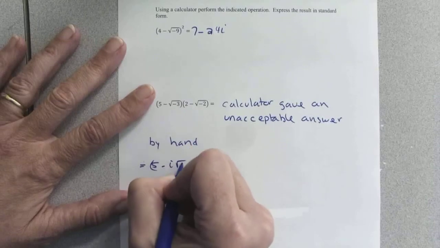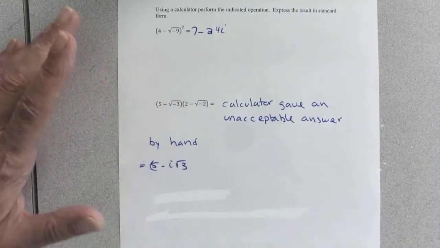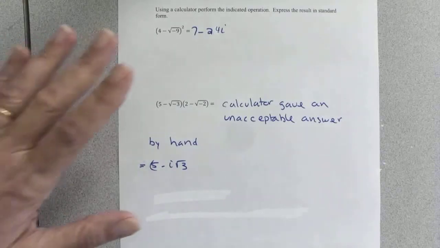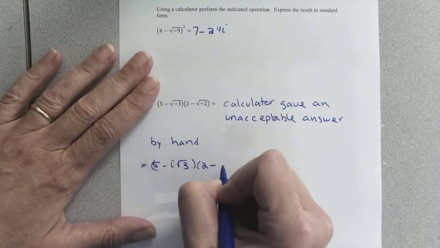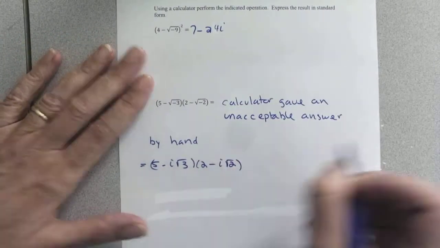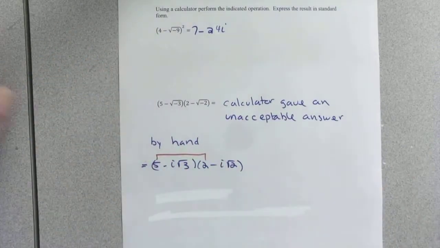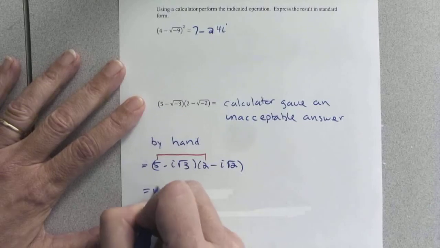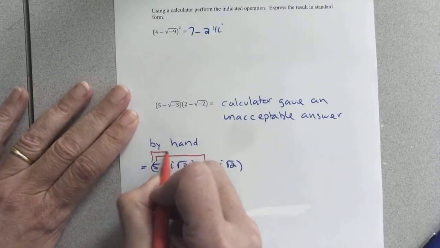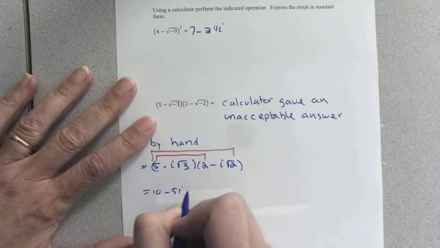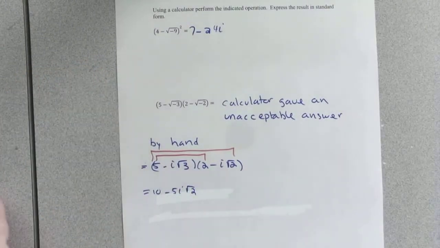So first, simplifying with the I. I just like to put my i's in front of my radicals because the I is not inside the radical, so I like to put it in front so it really looks like it's not inside the radical. Times 2 minus I square root of 2 and FOIL. 5 times 2, 10. 5 times I, negative I square root of 2.